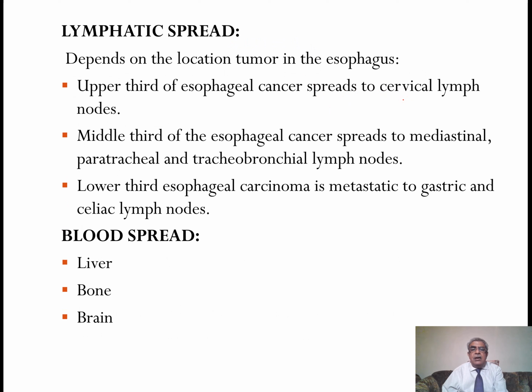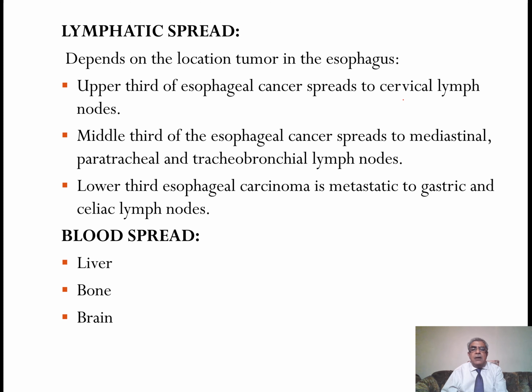Lymphatic spread depends upon the location of the tumor in the esophagus. Very simple. Whether the tumor is located in the upper one third or in the middle one third or in the lower one third. When it is located in the upper one third, it spreads to the cervical lymph nodes.